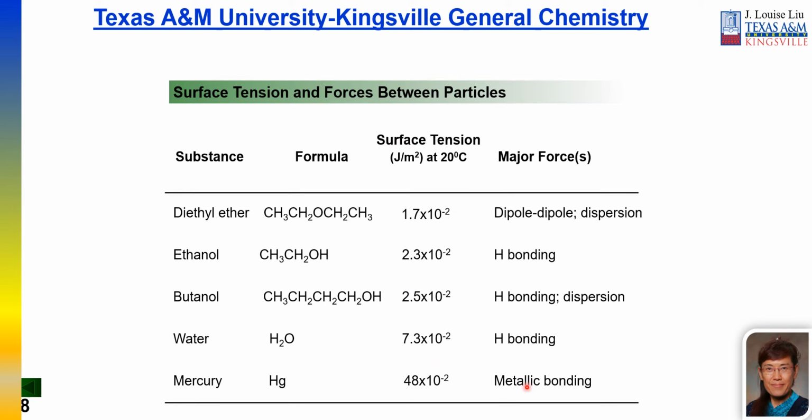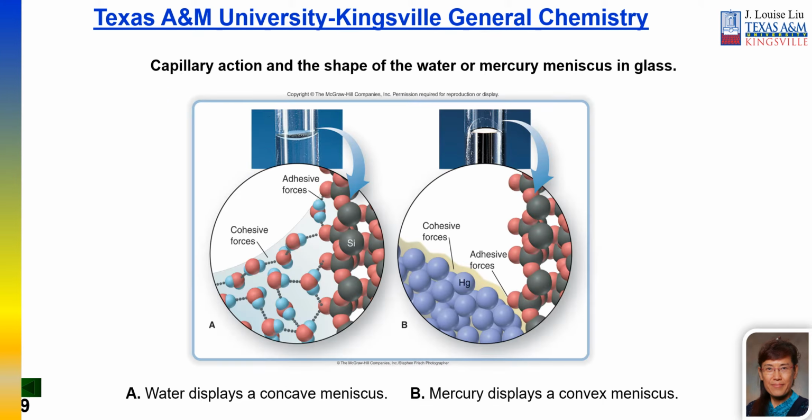The reason is metallic bonding. Metallic bonding ranges from 75 to 1100 kilojoules per mole. Your hydrogen bond is about 25 to 40 somewhere kilojoules per mole, which is 1/10 or 1/100 of the metallic bonding. So again, if you have mercury, which is a liquid, surface tension is much stronger.